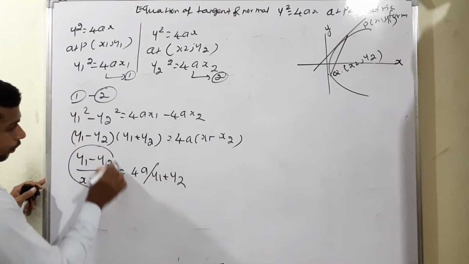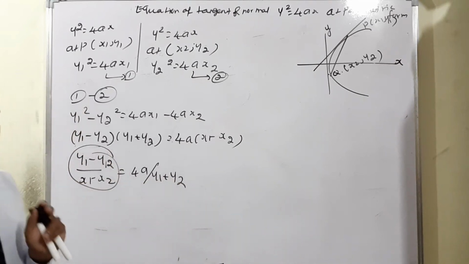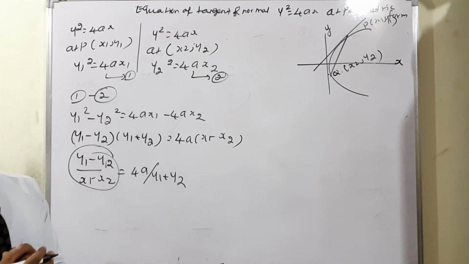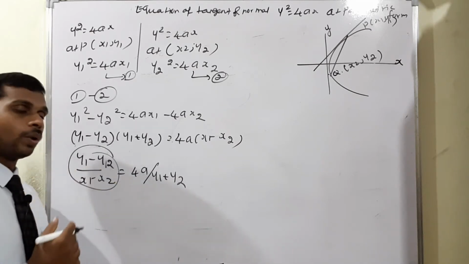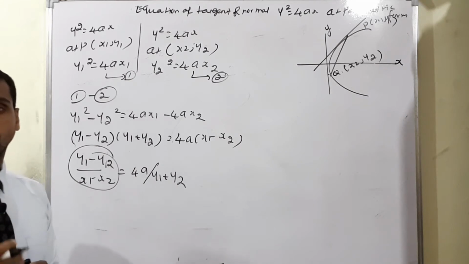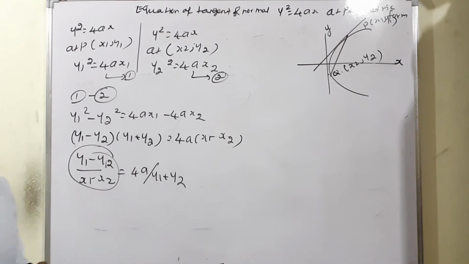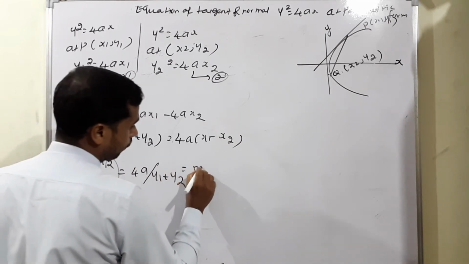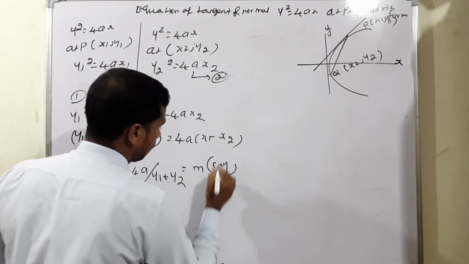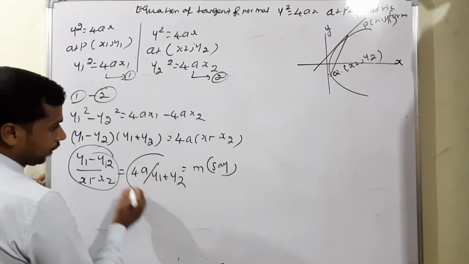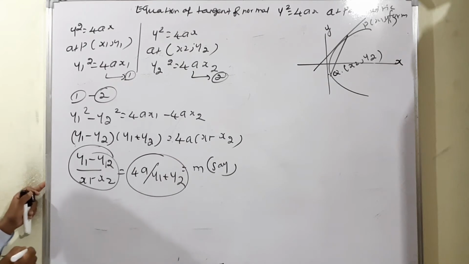This is the slope; we already learned from 10th standard that slope is y2 minus y1 divided by x2 minus x1, or y1 minus y2 divided by x1 minus x2. This is considered m, therefore m is equal to 4a divided by y1 plus y2.